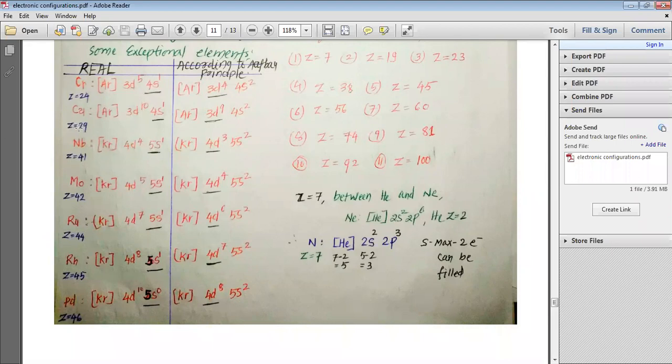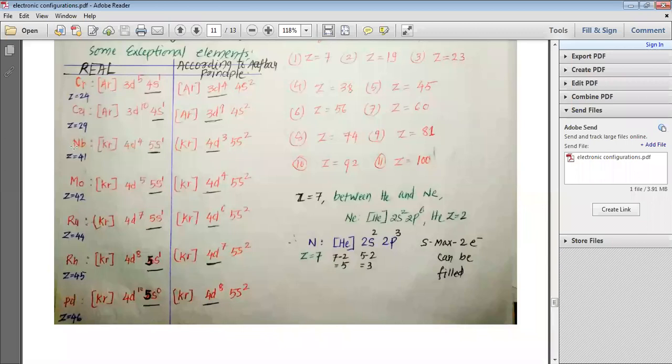In the same way, in copper, atomic number is 29, so it should be argon 3d9 4s2, but instead of argon 3d9 4s2, it turns into the more stable argon 3d10 4s1, and the electron from 4s goes to the 3d.